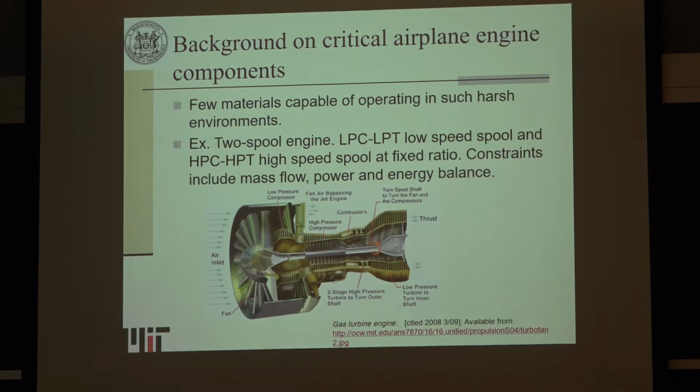So for a 2-spool engine, you have constraints that the various spools have to operate independently but together at a fixed ratio. You have to understand that there's mass flow constraints, power and energy balance constraints between the compressor and turbine sections. And if you don't have those, what can happen is you can either get surge or stall conditions in operation, or you can get vibration.